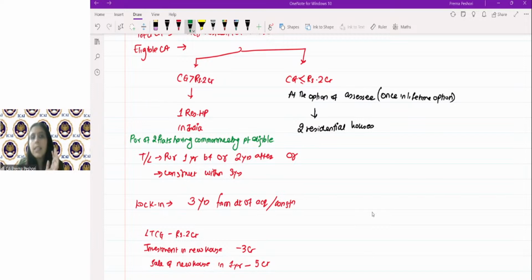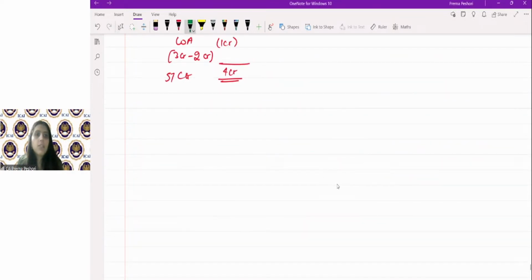Then the next section is 54B. Now 54B is in respect of the transfer of urban agricultural land. Okay. So 54B, what should be the transferred asset?